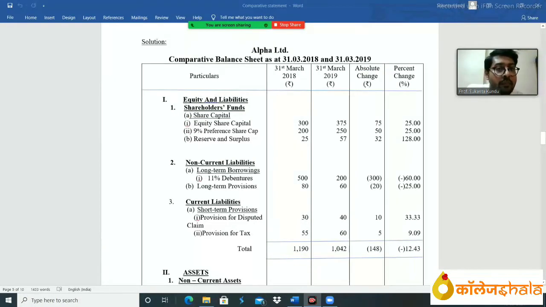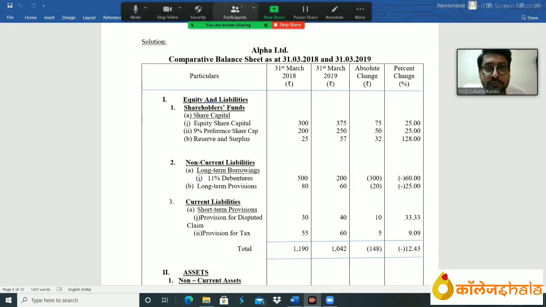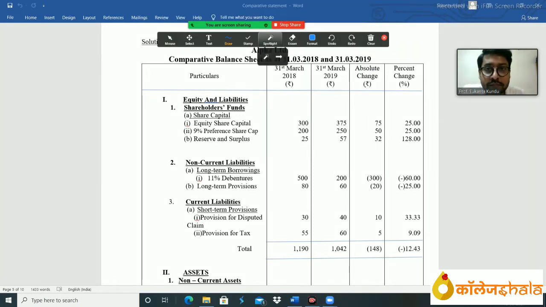Now in absolute change, the formula is current year figure minus base year figure. So this is the current year figure, 375, minus 300.